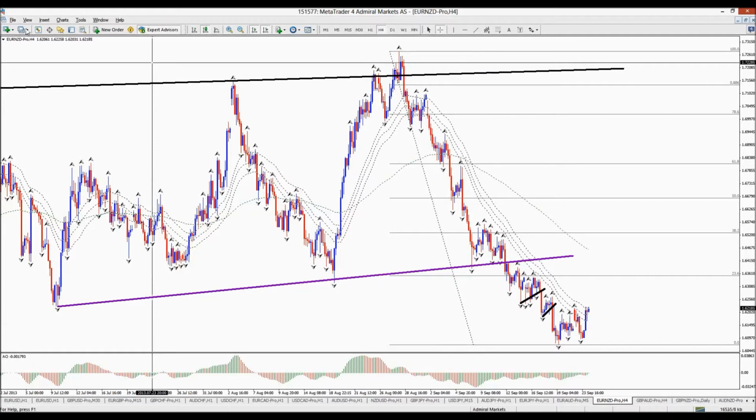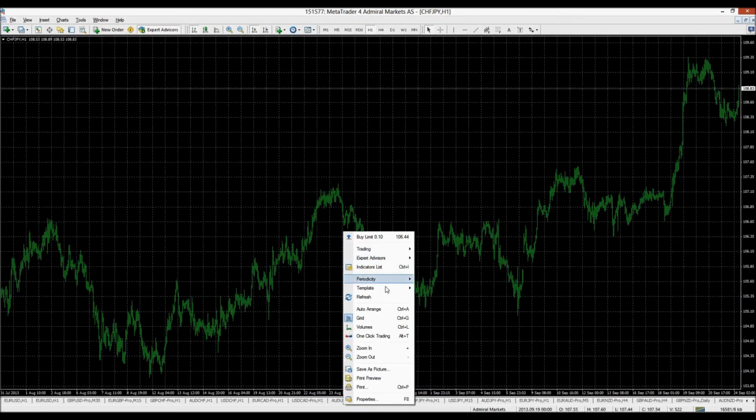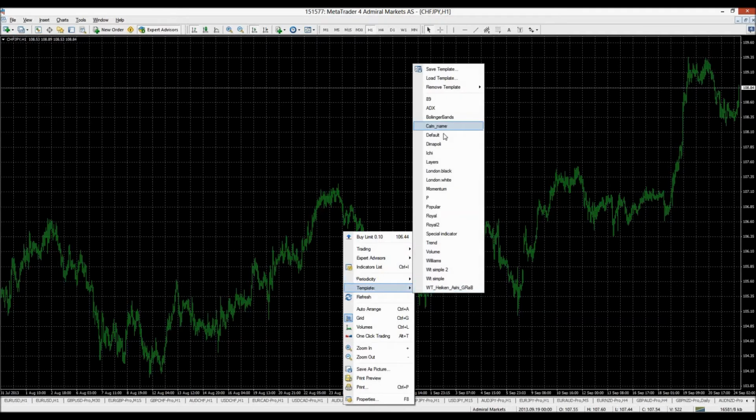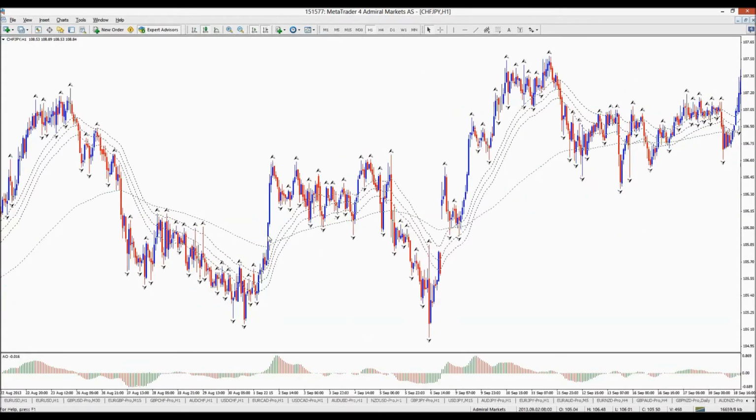Let me find that one second. There it is. Now to template these tools on the chart, they're basically the awesome oscillator.